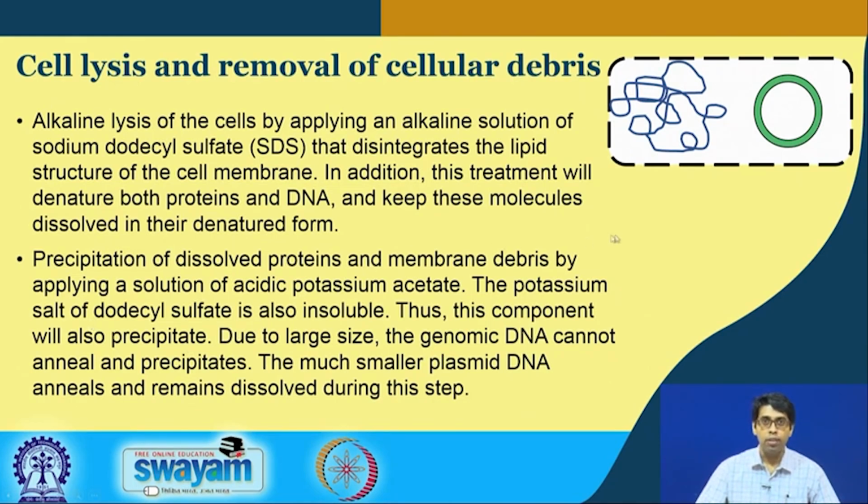Now, the major difference comes between the genomic DNA and the plasmid DNA, because chemically these two are very similar. So, this is where a proper experimental technique comes in.